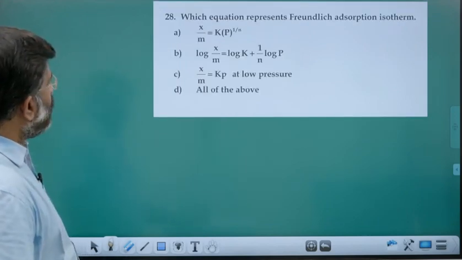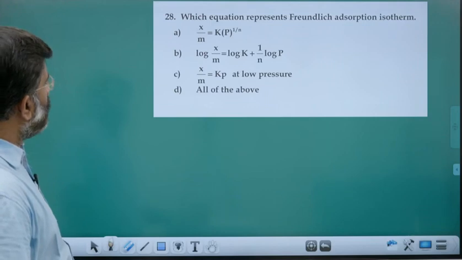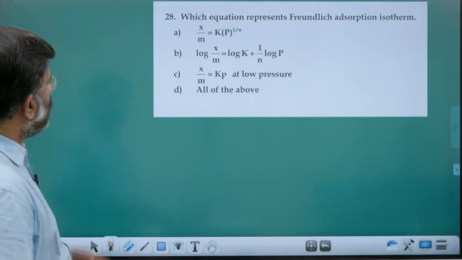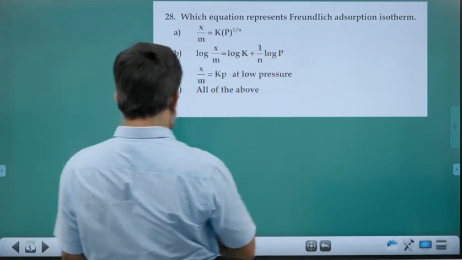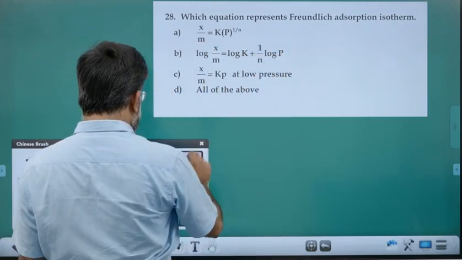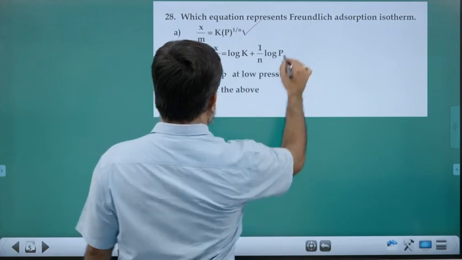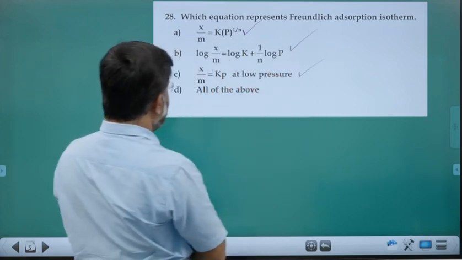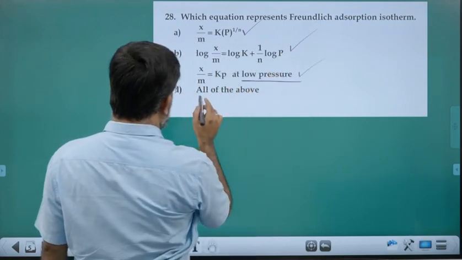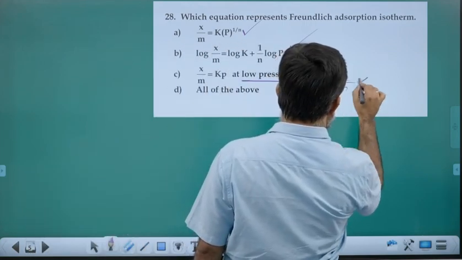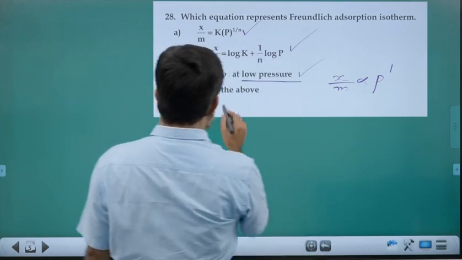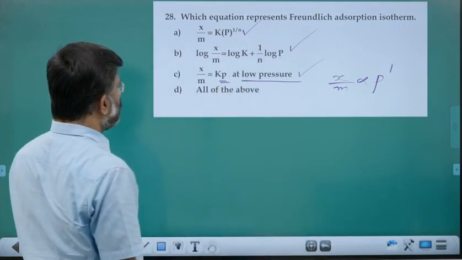Which equation represents Freundlich's adsorption isotherm? That already we have seen. This is the expression. This is correct. This is correct. At a low pressure, as I told you, x by m is proportional to P raised to 1.